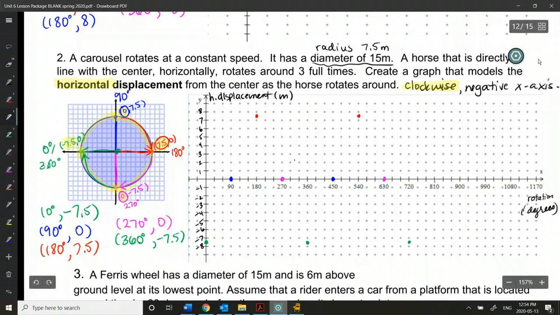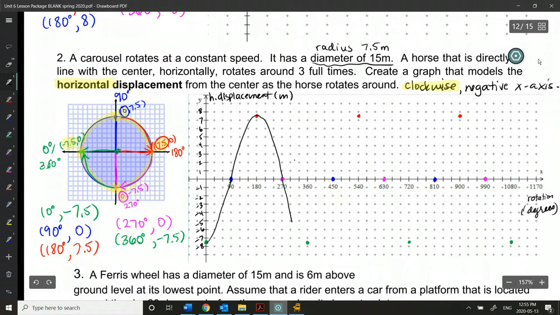And then we're going to complete the cycle one more time. So 90 degrees later, I'm going to be at a horizontal displacement of 0. 90 degrees after that, I'll be up at 7.5 here. 90 degrees after that, back down at 0. And for a full rotation, we'll be at 1080 at negative 7.5. So this gives us 3 full rotations around that carousel.